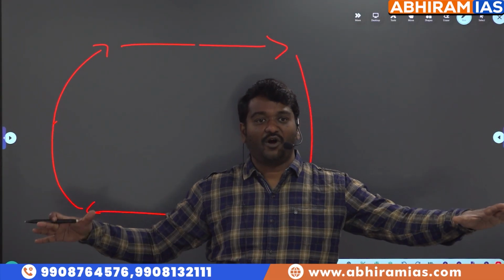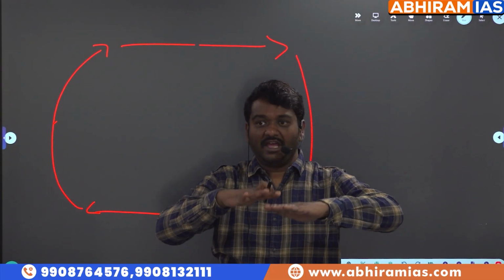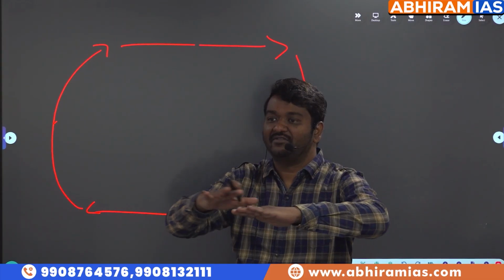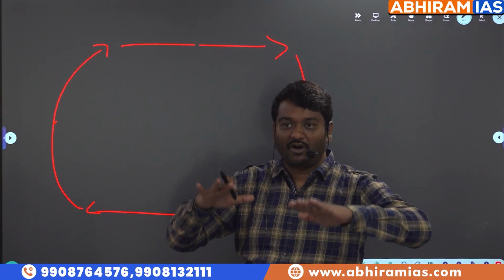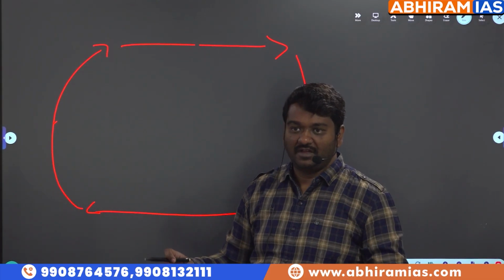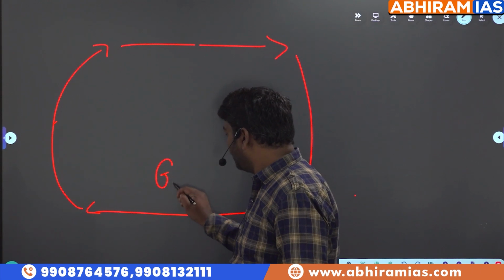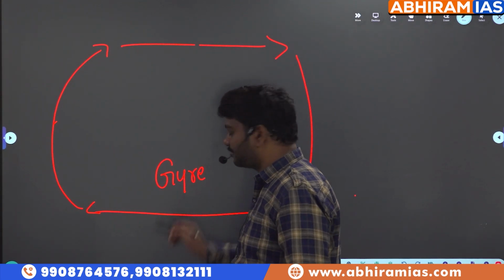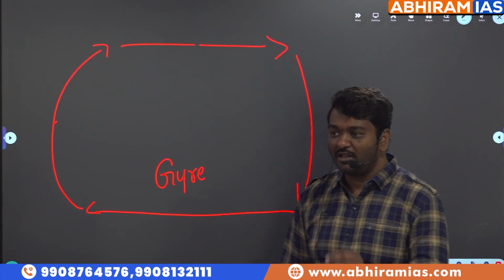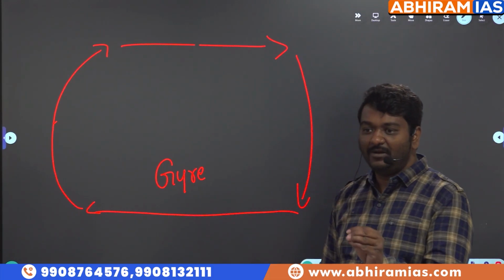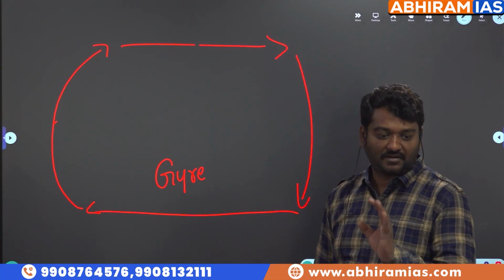That means when all the waves meet, there will be water without much waves. That area is called gyre. In between all the ocean currents, there will be something called a gyre.